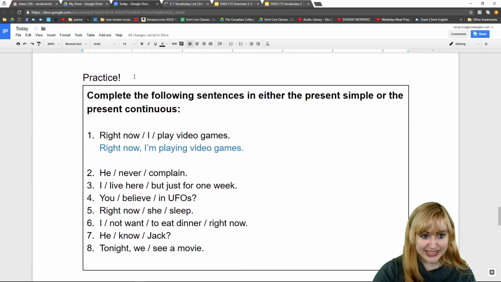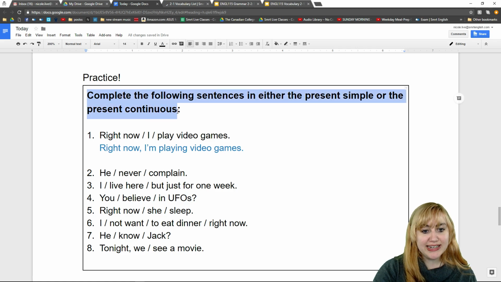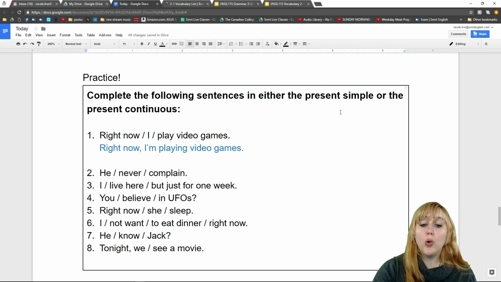Okay, here is our practice. Our directions say, complete the following sentences in either the present simple or the present continuous. So sometimes we'll use present simple and sometimes we'll use present continuous.